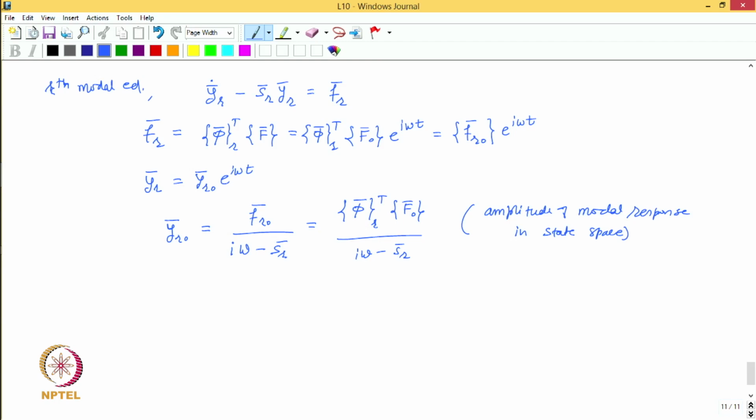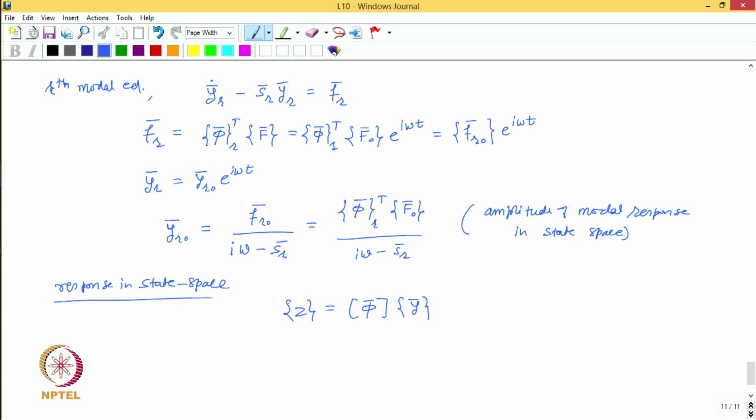So, let us determine now the response in the state space. The response in state space can be obtained by substituting the modal response in the modal transformation, which was phi bar y bar.